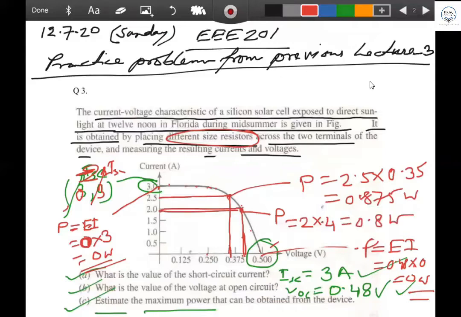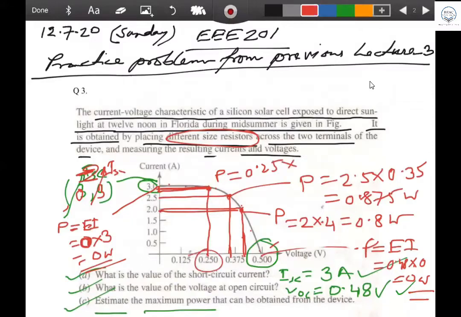So that is one point. Another point, you can put 0.25, and you get approximately P equal to 0.25 into this value, the voltage. And what's the current approximately?